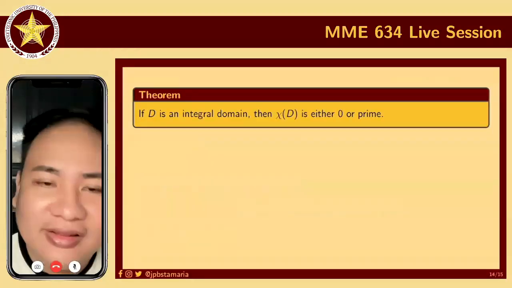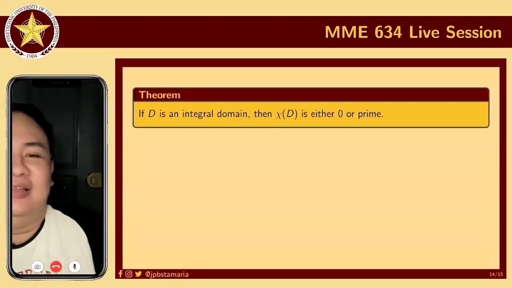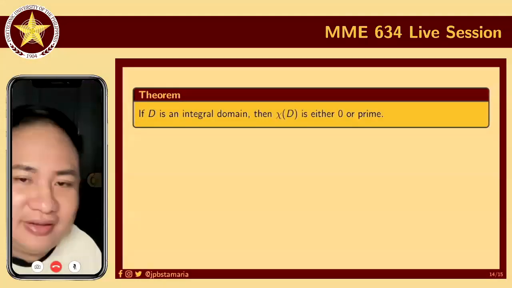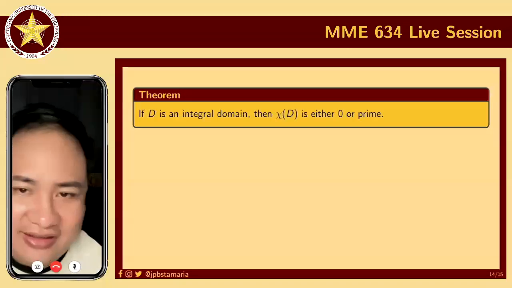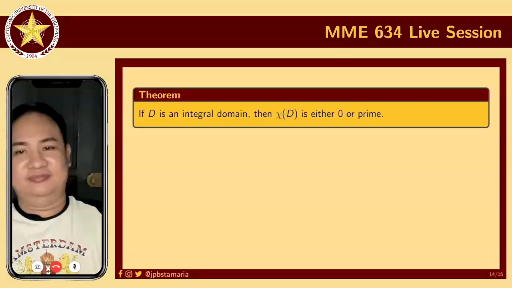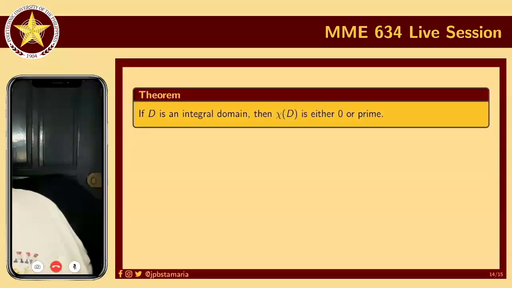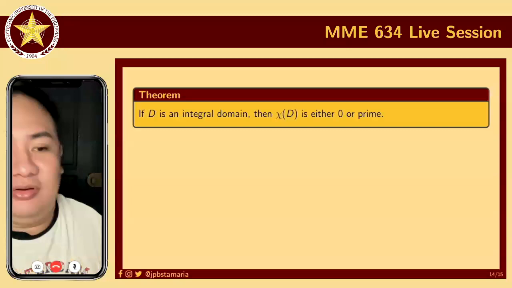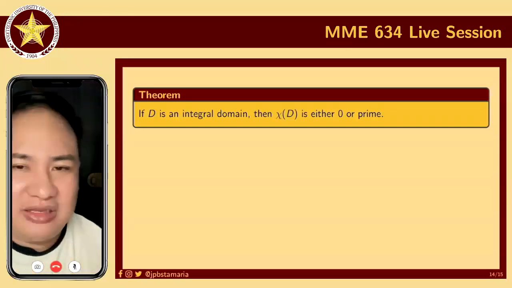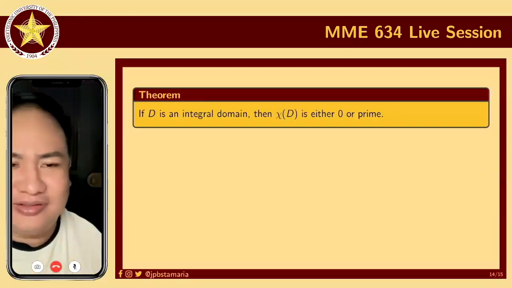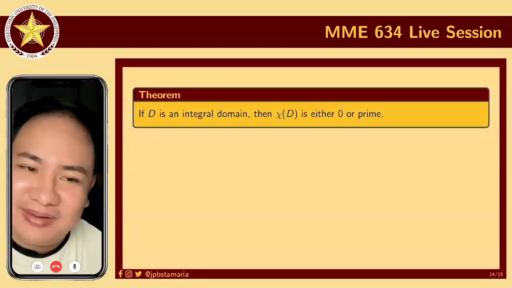Yan. For an integral domain, something is quite nice. Ano sabi nito? Sige nga. Ano sabi nito? Can somebody explain? And what do you think will be the most important consequence? Why do we want this theorem to happen?